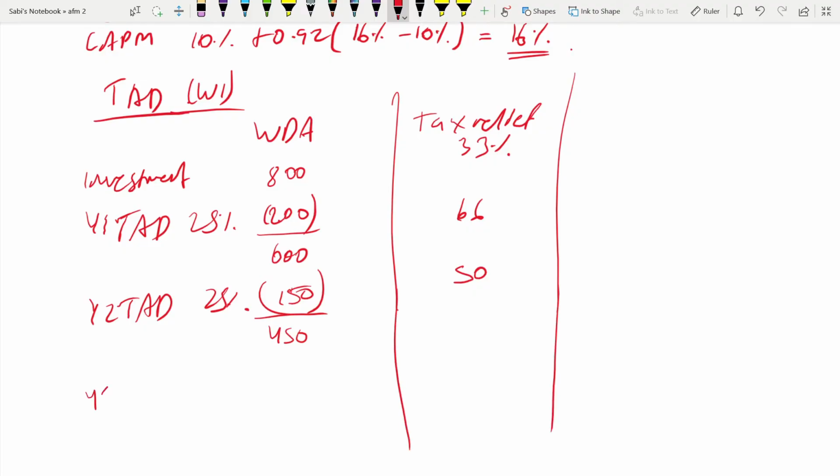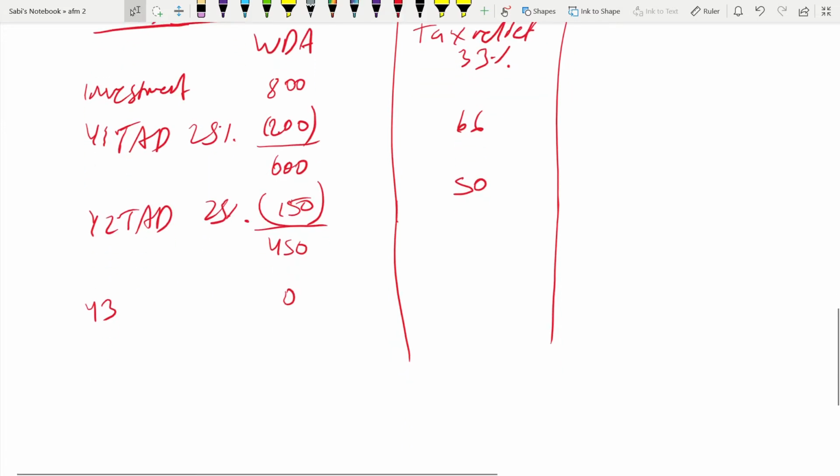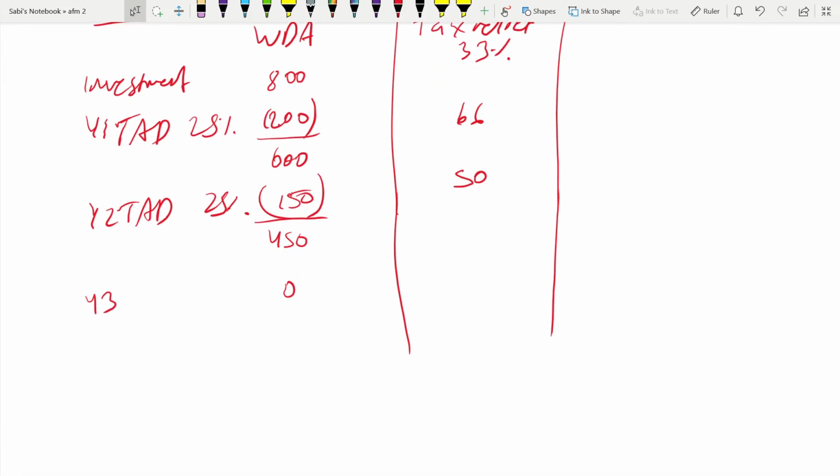And then year 3, they told after scrap off. Scrap off means you're selling it. There'll be no proceeds, they didn't give you any amount for how much you are selling it for. Otherwise, they would have given you the sale proceeds. So if they have not given the sale proceeds, it's 0 and it's 450.